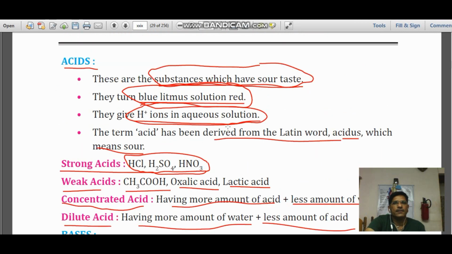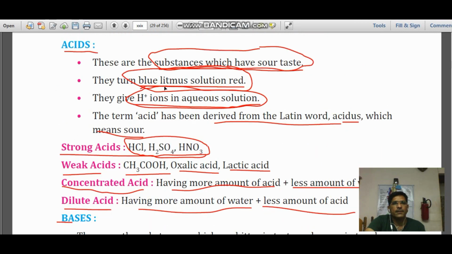Acids are sour in taste, turn blue litmus red, and liberate H plus ion. Laboratory acids are strong acids: HCl, H2SO4, HNO3. Weak acids are CH3COOH, that is acetic acid, oxalic acid and lactic acid. So this is the primary information related to acid, base and salt.